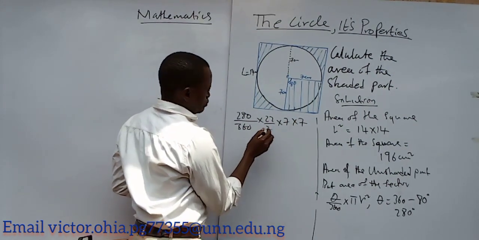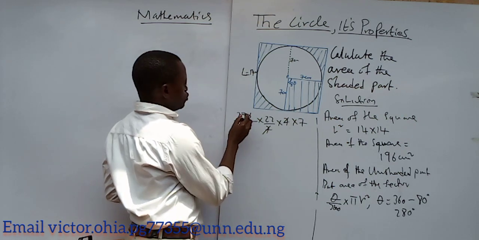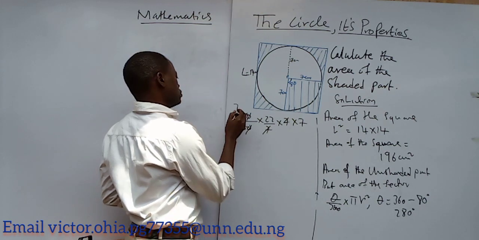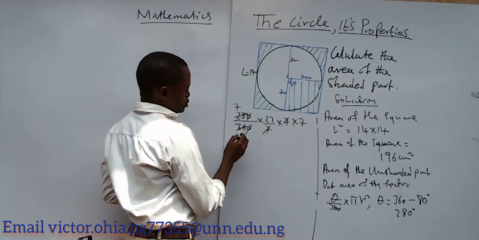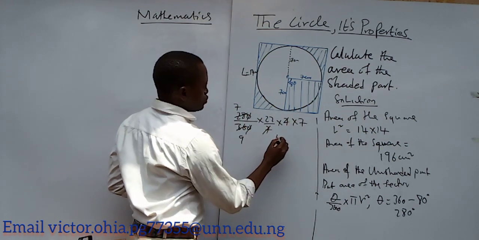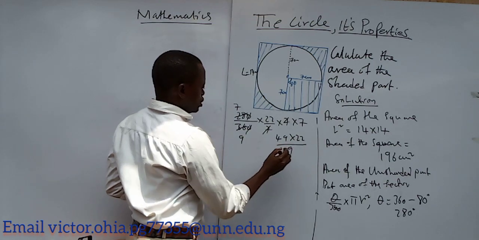You can see that this 0 will cancel the 0 here. 4 into 28 will give us 7. 4 into 36 will give us 9. So I have 7 times 7, which is 49, times 22, all over 9.